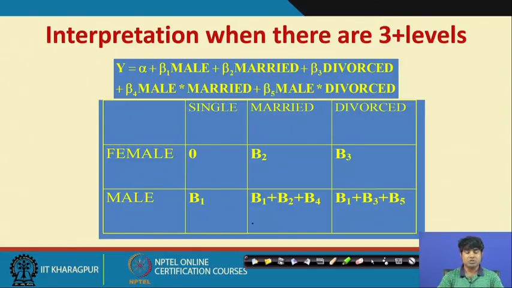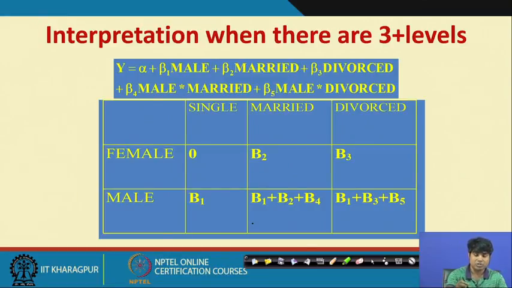Then ultimately the male impact will be beta 1 plus beta 2, and then the kind of beta 4, where married is yes, and as a result beta 4, when we are putting male as 1, will be added to this beta 2 impact.